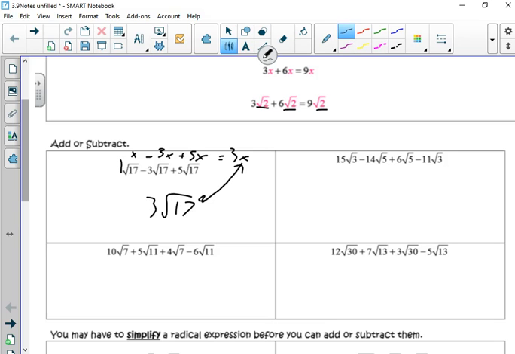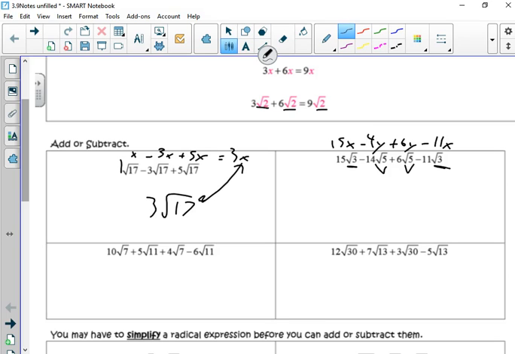So, here I have radical 3 and radical 3, and here I have radical 5 and radical 5, and I'm just going to sort them like that. Just like if this was 15x minus 4y plus 6y minus 11x. I would do the x's together and the y's together.